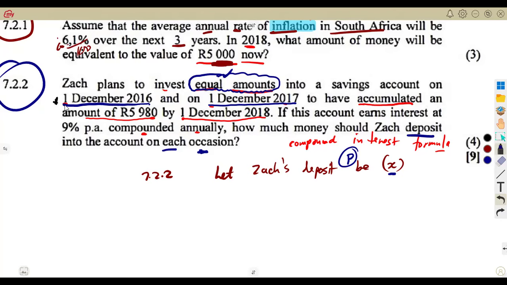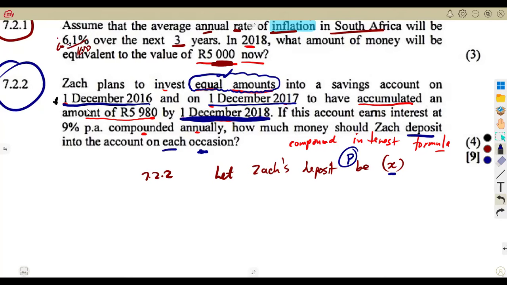From 1 December 2016 to 1 December 2018, this is the deadline. The money must have accumulated by 1 December 2018. How many years are we going to talk about there?